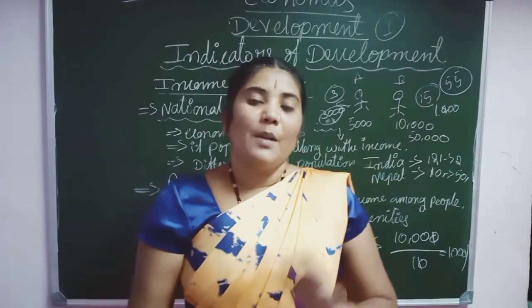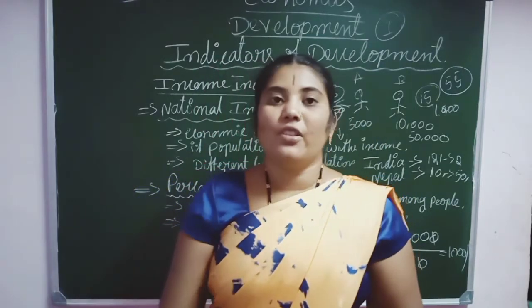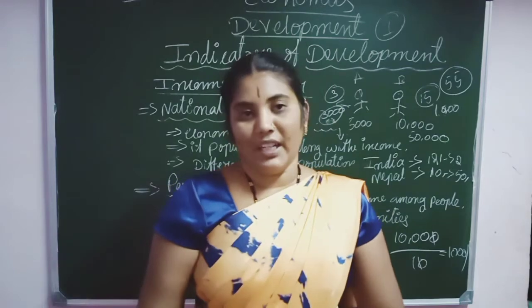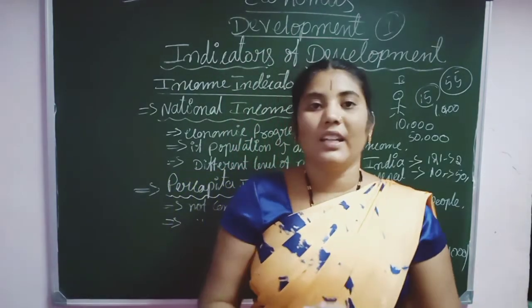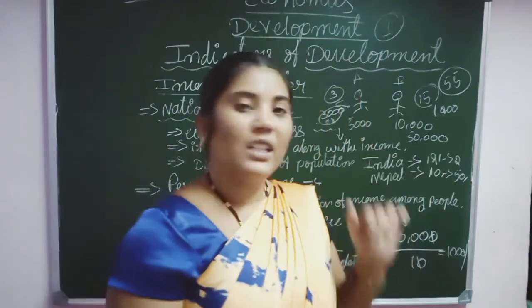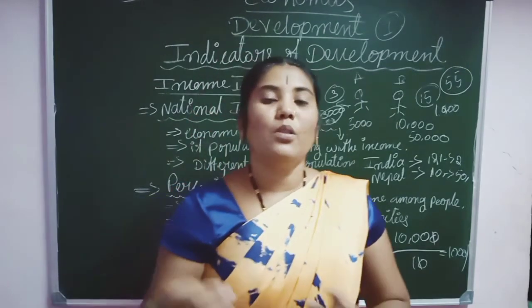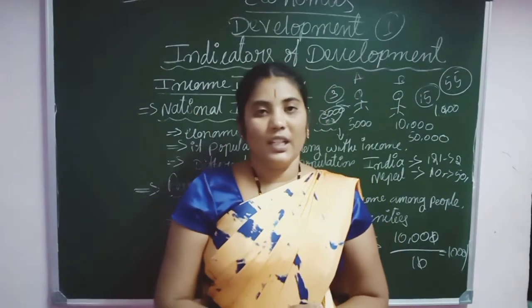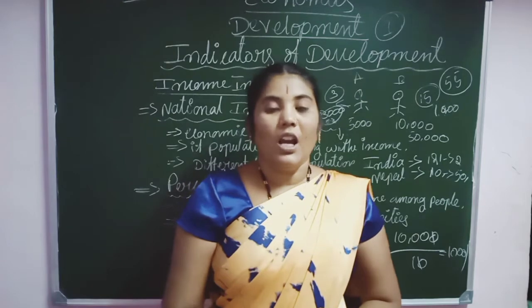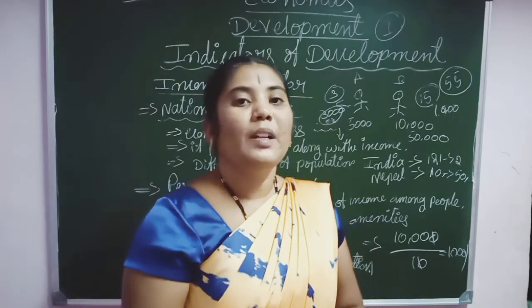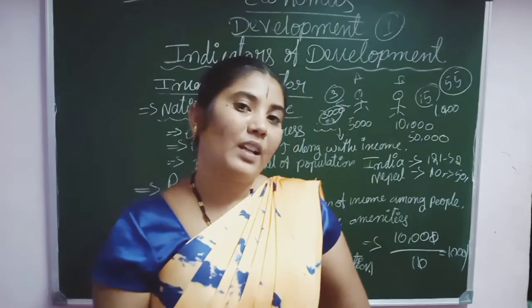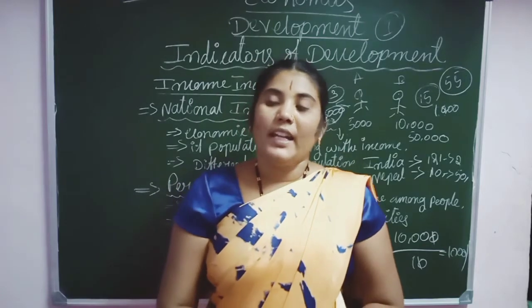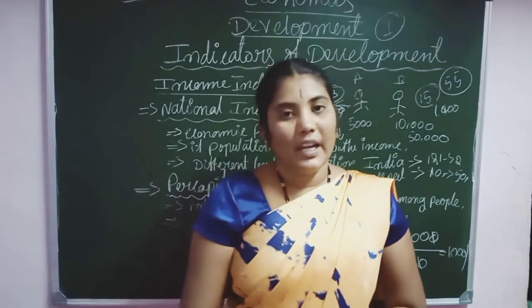For that purpose, some economists have suggested alternative indicators. Apart from the income indicator, they have given some other alternative indicators to measure development. HDI, the Human Development Index, is one of them. In the next class we must discuss the HDI.